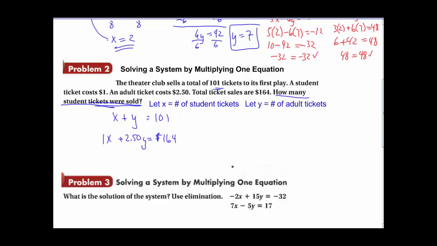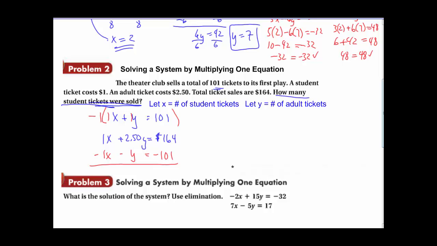So we have now two equations. Again, our goal is to eliminate one of the variables. If we notice, we have a 1y and a 2.50y, but we have a 1x and a 1x. So we just need to get opposites. If we multiply negative 1 to this whole first equation, we get negative 1x minus y equals negative 101.